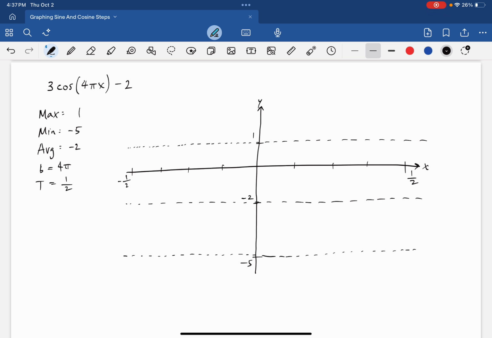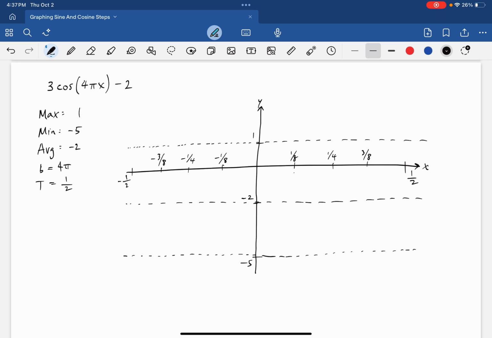Let me draw it above, actually. 1/8, 1/4, and 3/8. This will be -1/8, -1/4, and -3/8. Okay?